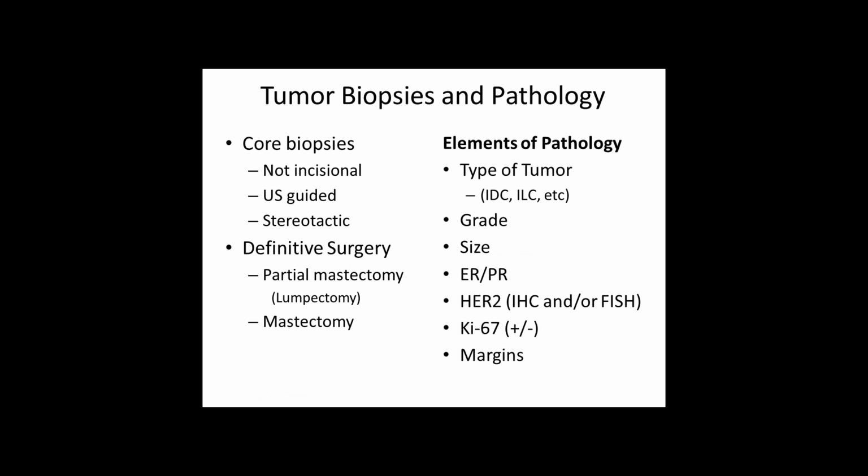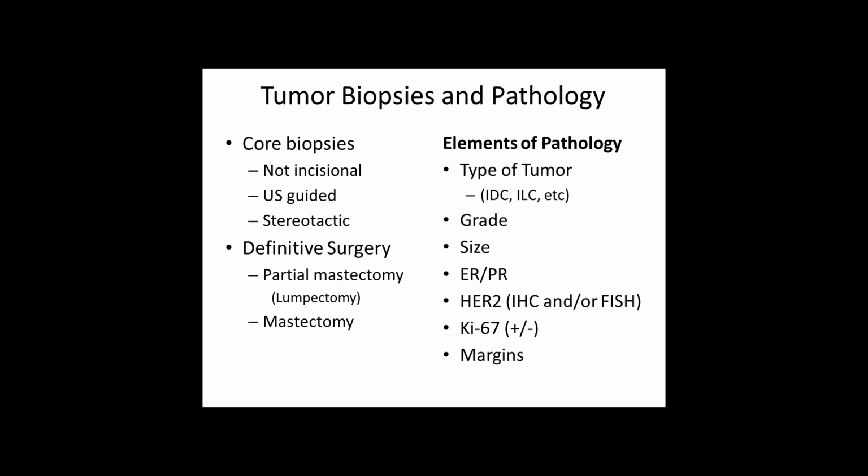Ultimately, patients go on to definitive surgery, and we have two major options for definitive surgery: a partial mastectomy, also called a lumpectomy, and a mastectomy with lymph nodes. And we don't have time today to talk much about lymph nodes, but the standard operation on lymph nodes is to start with a sentinel lymph node biopsy, which has replaced an axillary lymph node dissection for the 2/3 to 3/4 of patients who do not have any positive lymph nodes.